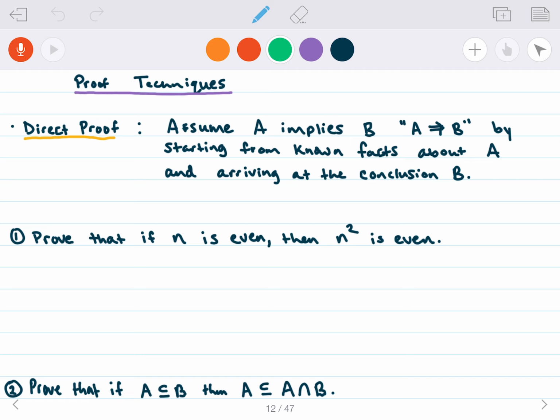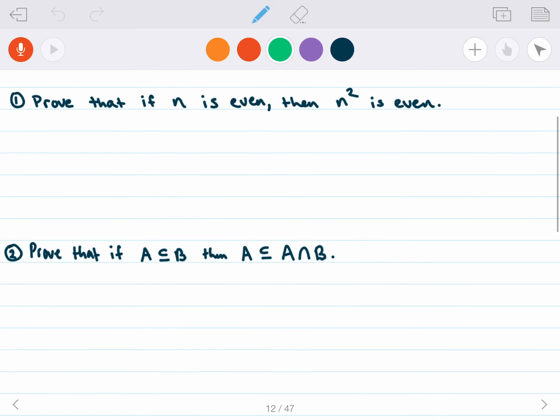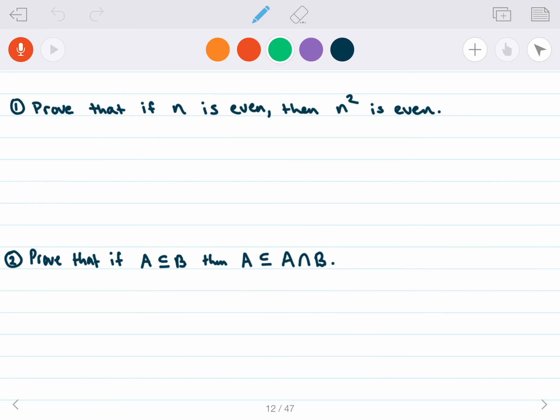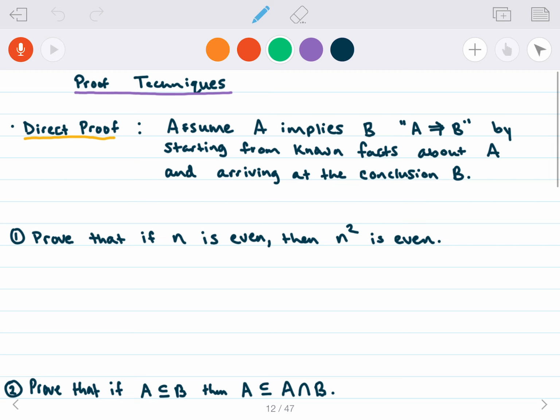All right, now I want to review these proof techniques because it's very important that you know how to prove stuff. Really, really important in this class because that's pretty much all we're going to be doing. So, the first technique I want to talk about is direct proof.